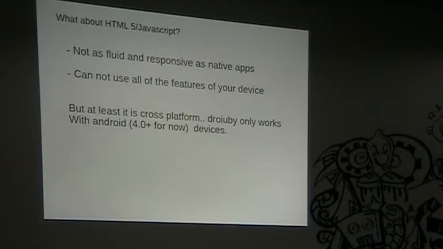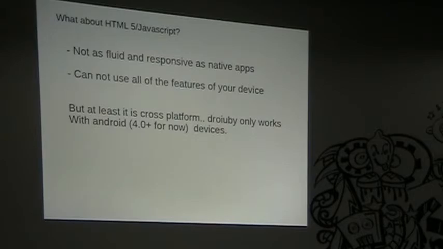I don't know if it's totally native, maybe more native than what they're doing. Also, it can't use all of the features of your device like the accelerometer. I think HTML5 is catching up, but if you want to support the latest features and the latest capabilities of your device, it's not possible now.